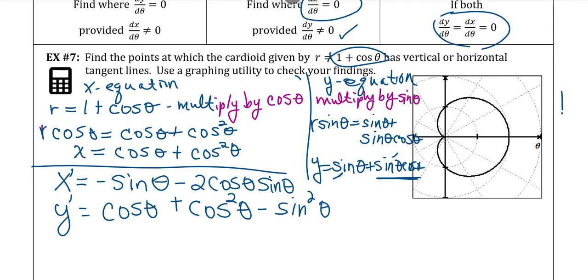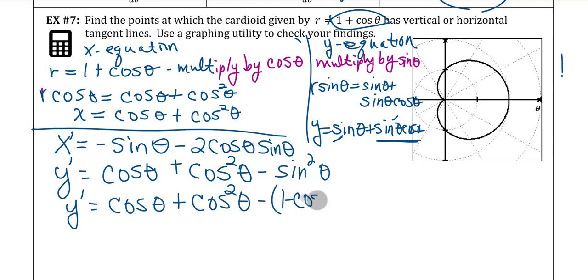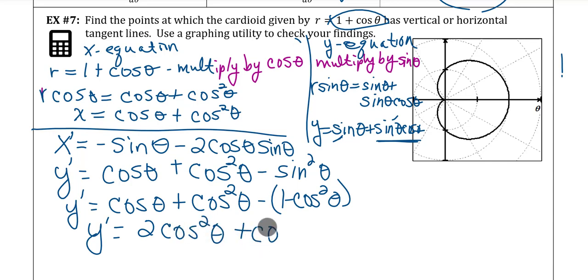Now, a lot of times, if you can, it's easier to have your derivative in terms of one trig function. So I'll just change my sine squared into 1 minus cosine squared using the Pythagorean identity. And so when I simplify this, I get 2 cosine squared theta plus cosine theta minus 1.